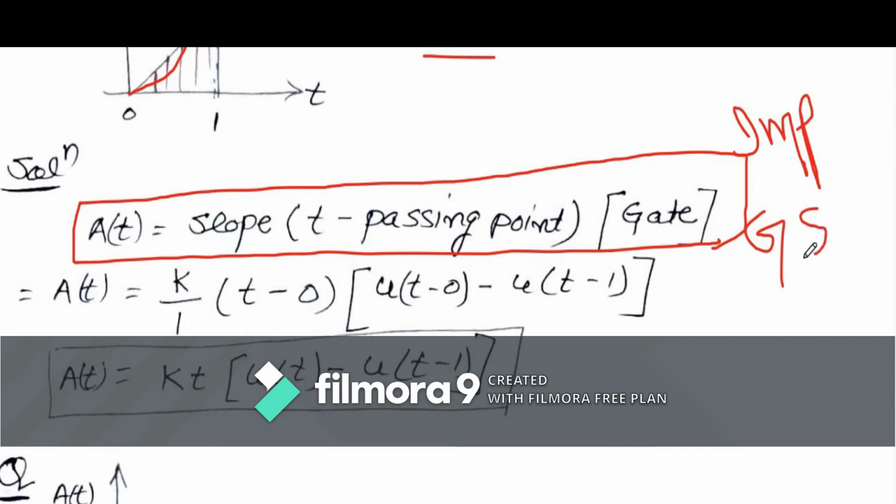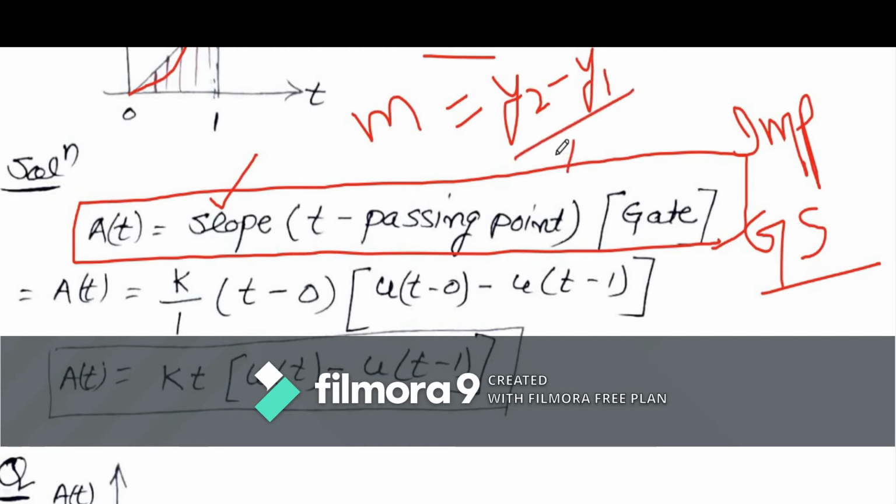This ramp function, you can write it very easily. First of all, you have to write down the slope. Slope, you all know, is represented with m, which is equal to y2 minus y1 divided by x2 minus x1.